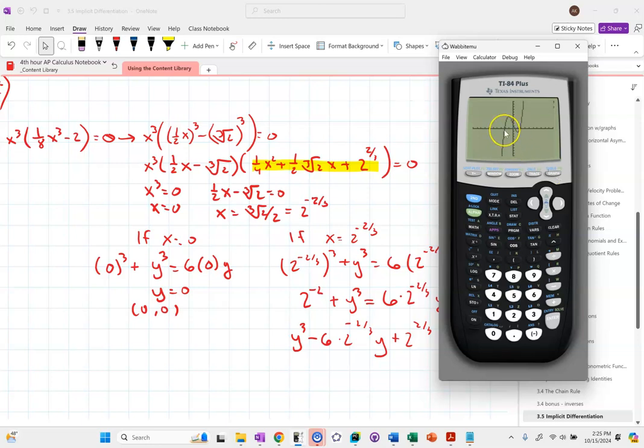Okay. So I have 3 solutions here. I have one at negative 2 something, one at 1 point something, and another over here.